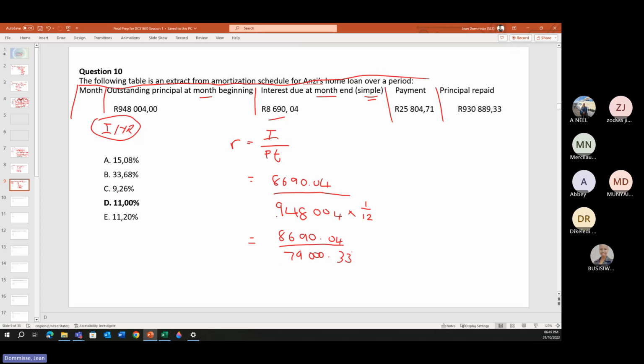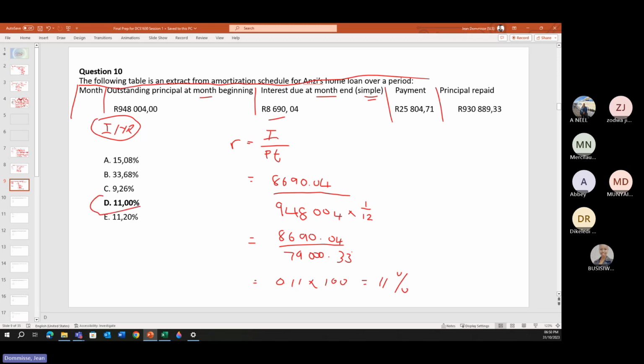So if I say 8690.04 divided by this, I get 0.11. But then obviously I need to multiply by 100 to get a percentage. So my final answer will be 11%.